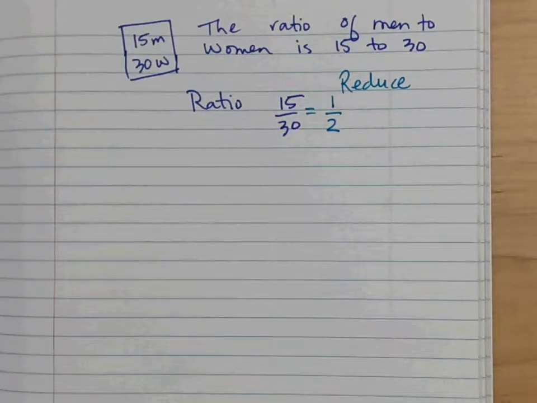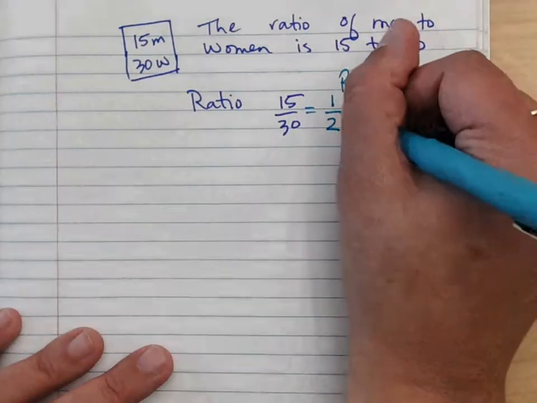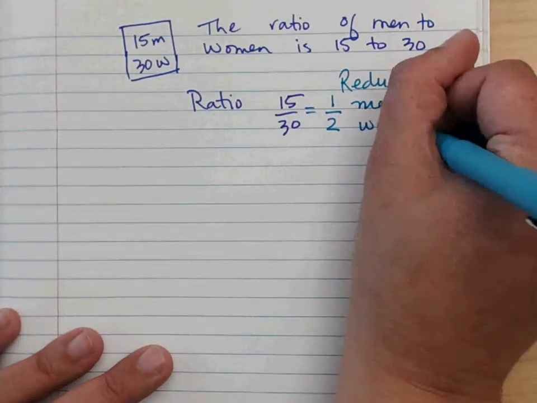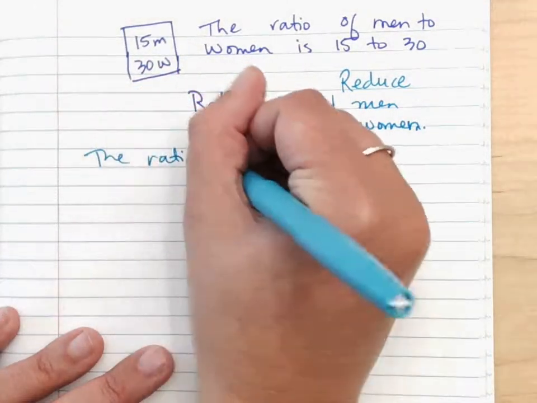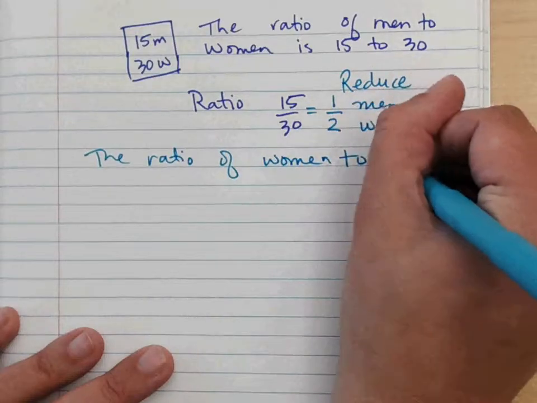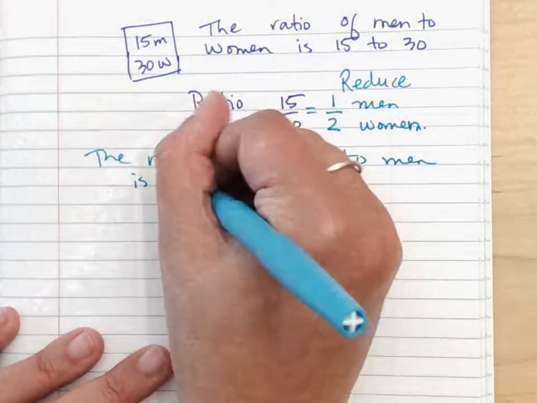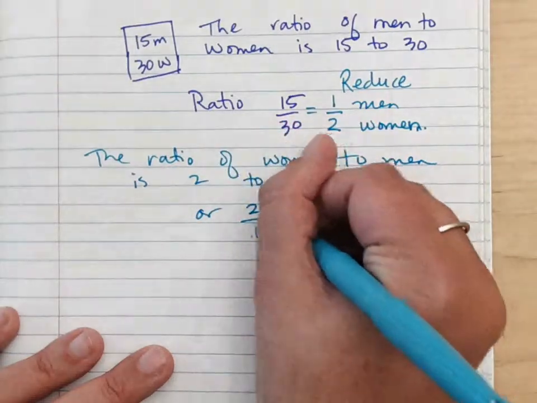The ratio of men to women is 1 to 2, and then conversely, the ratio of women to men is 2 to 1, or 2 over 1, which is really 2.